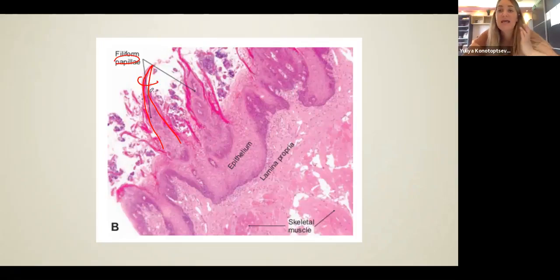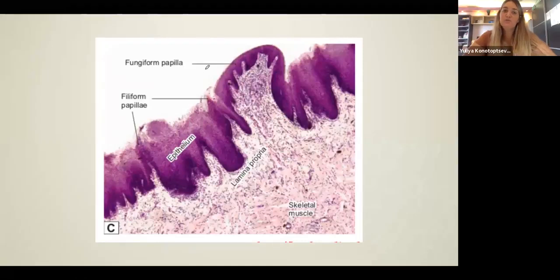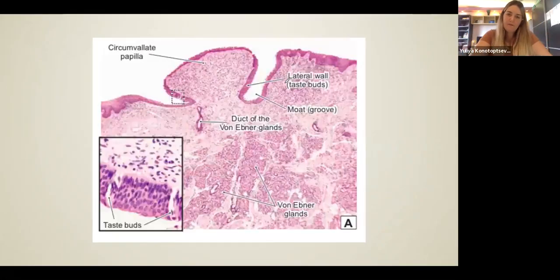No, because again, it is a mechanical role. Which one is this? This is a fungiform because it more or less looks like a mushroom, right? Take a look. Its borders are quite intact. The epithelium continues. There is no cleft.